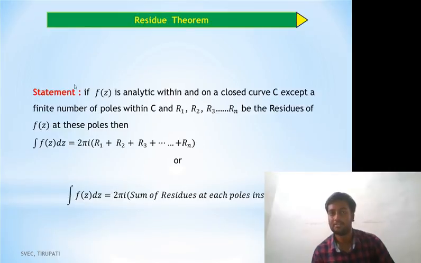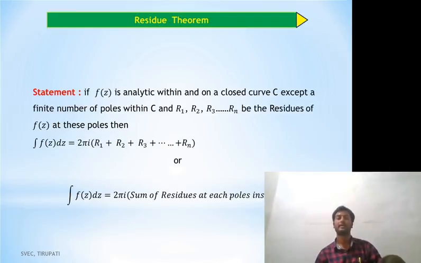Now the residue theorem is nothing but: f of z is analytic within and on a closed curve C except at a finite number of poles. Then the integral of f of z dz is 2 pi i into the sum of residues at each pole inside C. So you have to find the integration of f of z. Instead of finding the integration using line integrals, Cauchy integral theorem or Cauchy integral formula, you use the residue theorem.